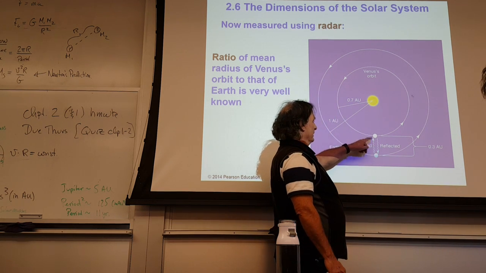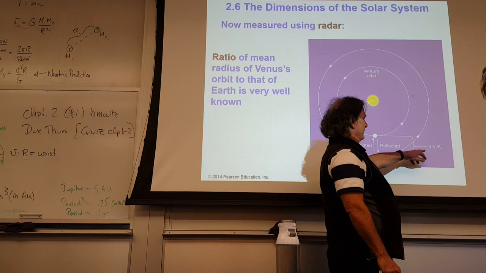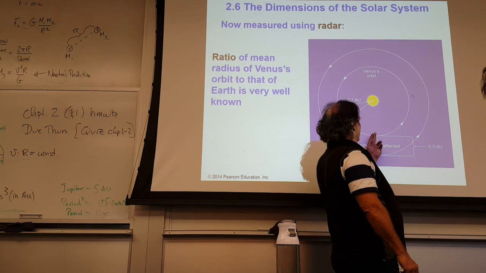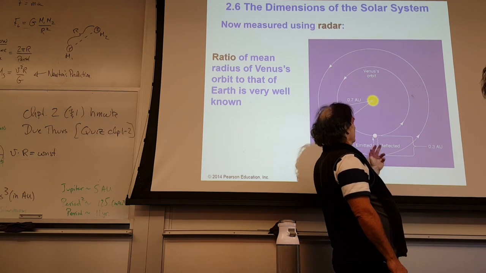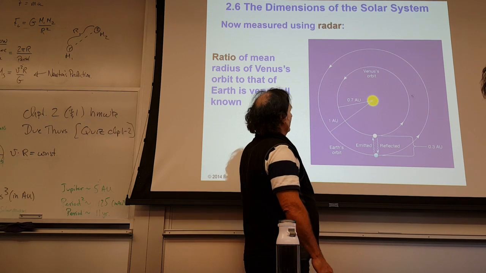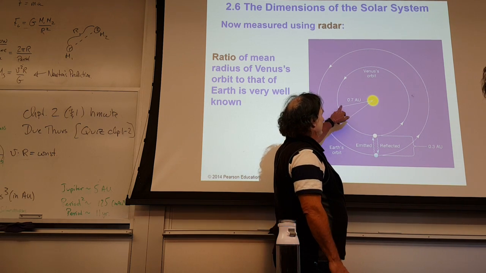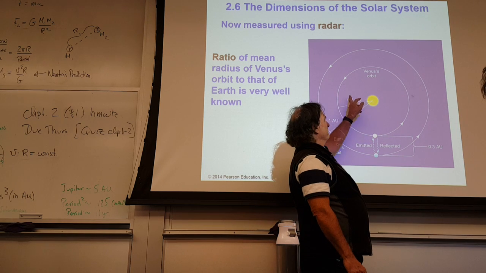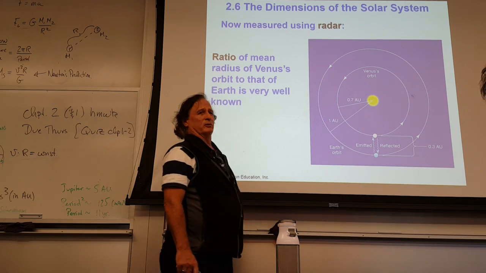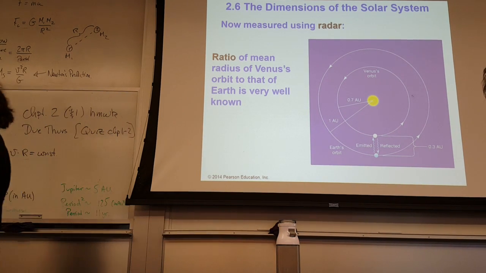A round trip of a radar beam gives us about 0.3 AU at what we call inferior conjunction. Venus, therefore, would be about 0.7 AU. It turns out Mercury is about 0.4, 0.3 or 0.4.